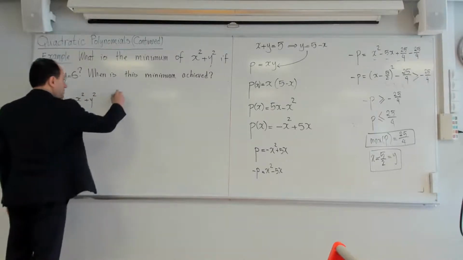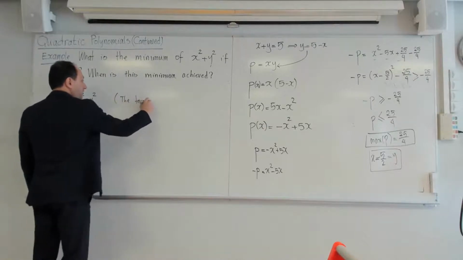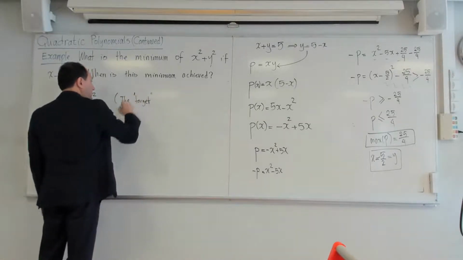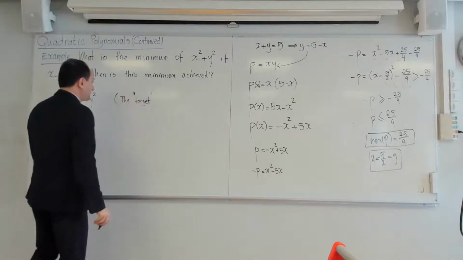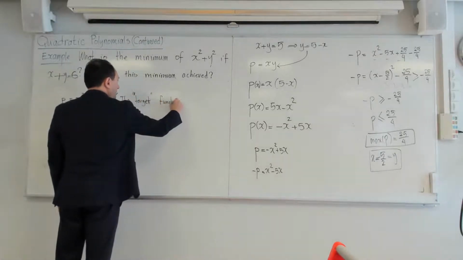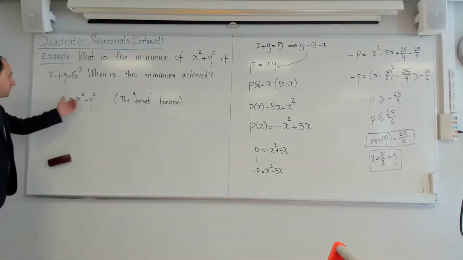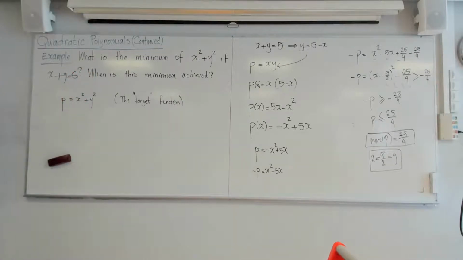I will call it the target function. What do I mean by that? Target. Maybe this is not very universally adopted. It means that my goal is to minimize or maximize this. In this problem, I want to minimize this quantity.